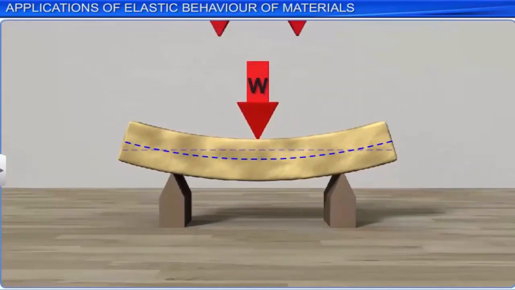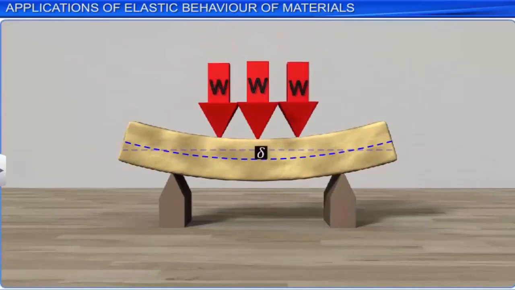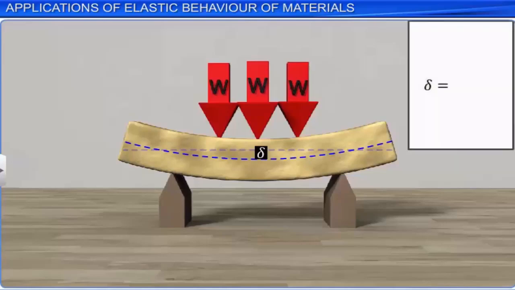As the calculation involves high-level mathematics, we avoid the derivation of the expression in our context. It is equal to the load W times the length L cubed, divided by 4 times the product of the thickness A, width B cubed, and Y, Young's modulus of the material of the beam.